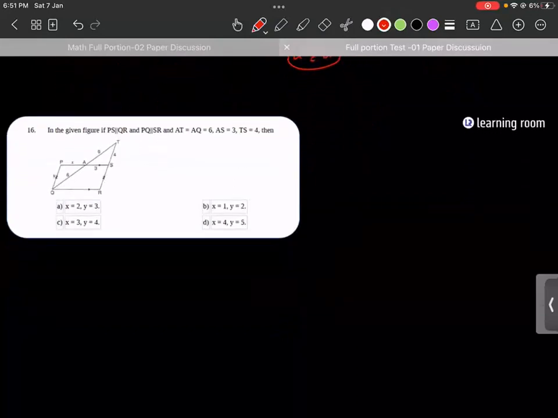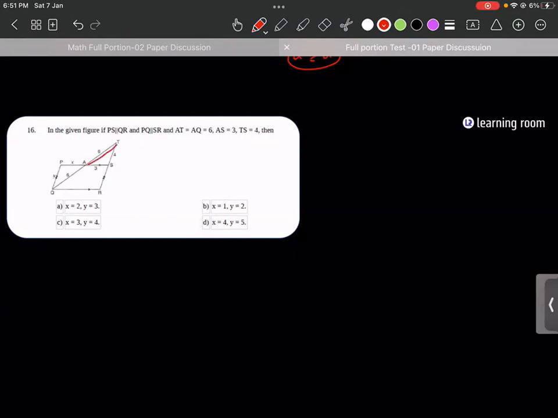The 16th, the given figure: PS is parallel to QR and PQ is parallel to SR. So AT and AQ are 6 centimeter, AS is 3 centimeter, TS is 4 centimeter.